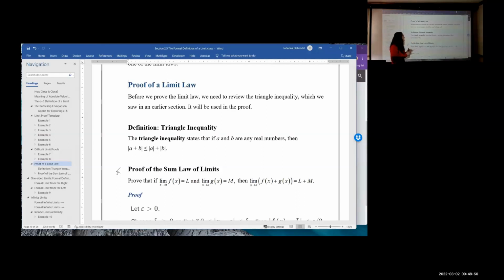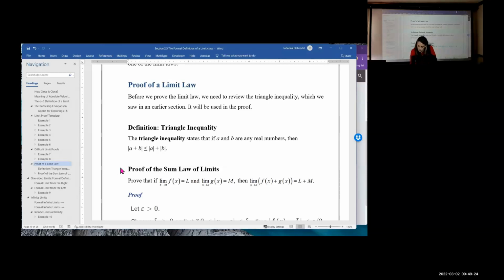It's just not working. Okay, so we're looking at the triangle inequality, which says that if you add two numbers together and then take the absolute value, that's got to be less than or equal to the absolute value of each one then added together. And the reason is because imagine if you had a negative number, like 5 plus a negative 3. Well, if you added them first, it would get smaller and become 2. Whereas if you did the absolute value of 5 plus the absolute value of 3, you'd get 8, right?